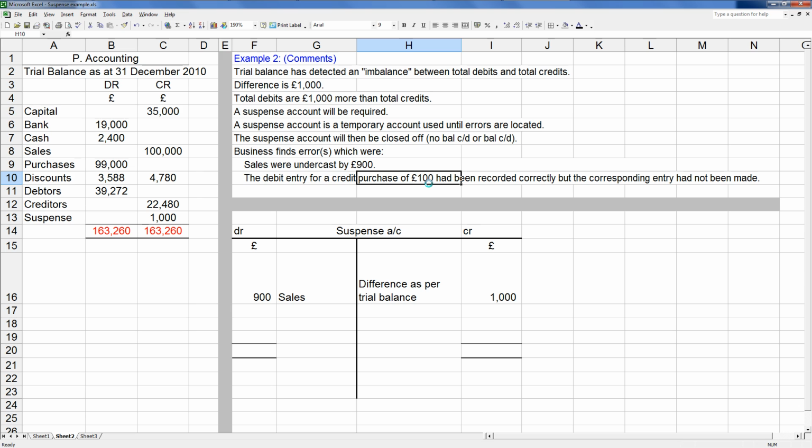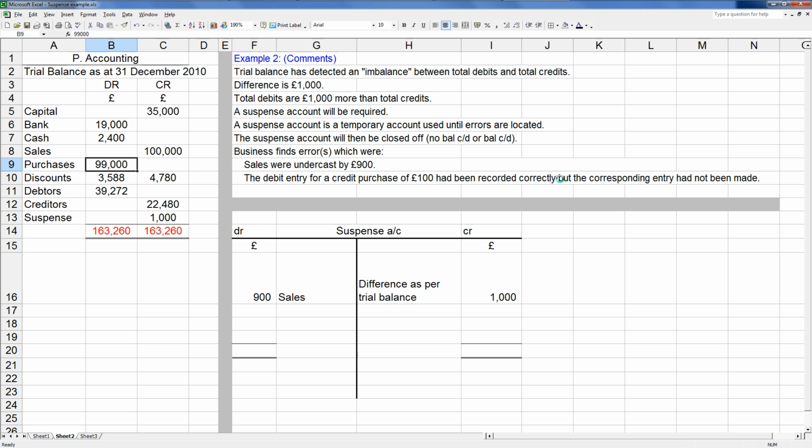Purchases are a debit balance. So the £100 has successfully gone into the 99,000. But as the error says, the corresponding entry has not been made. So that means the credit entry in that transaction has not been made. We call that a single entry error, because only one entry has been made and the corresponding entry hasn't. It's a common error that makes the trial balance imbalance.